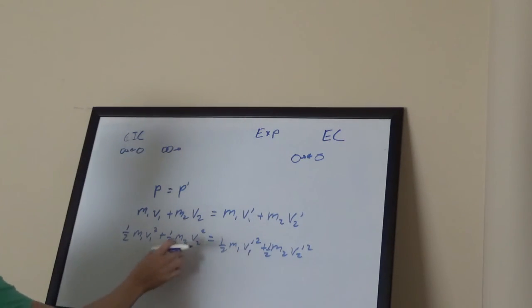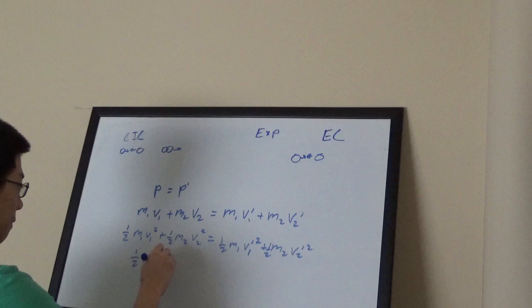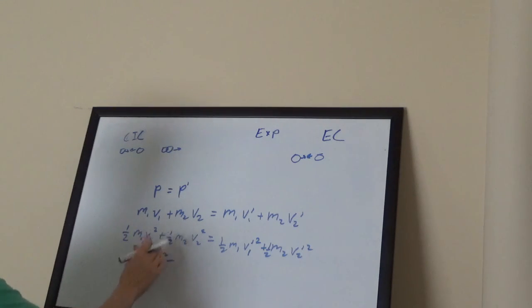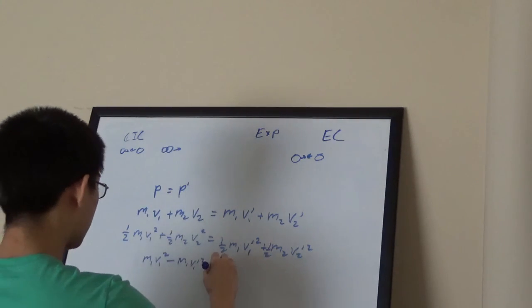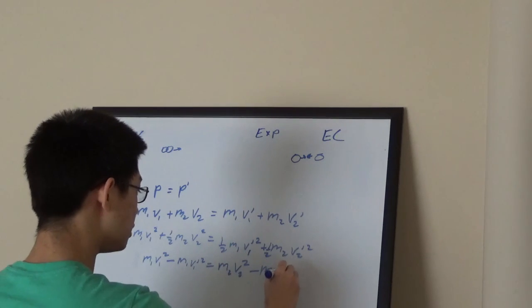I'm going to move this onto this side and this onto this side, so I combine all the 1s and 2s together. So I get 1/2 M1 V1 squared minus M1 V1 prime squared is equal to M2 V2 squared minus M2 V2 prime squared. Oh, and I'm going to multiply everything by 2, because it's an equation, so I can do that.